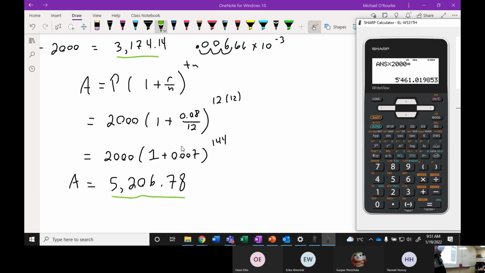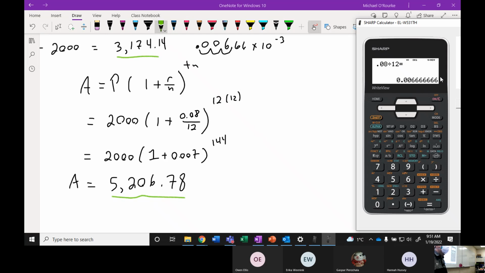When you do financial math like this, try to never clear your calculator as you do it. So when I go 0.08 divided by 12, I'm not going to clear my calculator. I could write down 0.007 on my page, but don't clear my calculator because I want all those decimal places in my calculation.